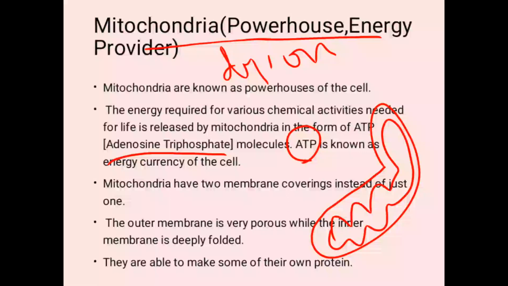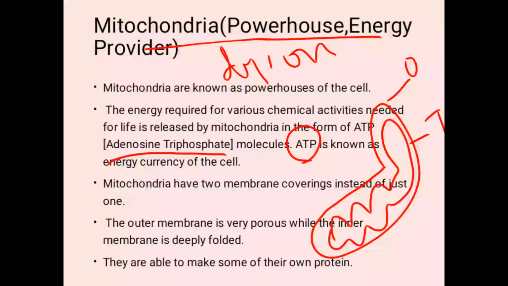Each of these cell organelles has two membranes, that is two layers. It has an outer membrane, and inside it is the inner membrane. Mostly the outer membrane is porous. Porous means it has some pores, some holes. Because of those holes, it allows both entry and exit.